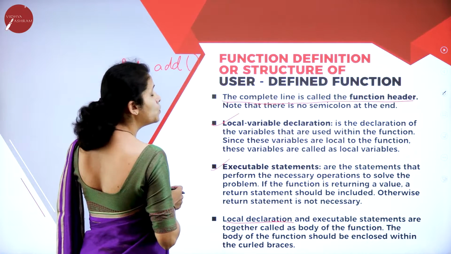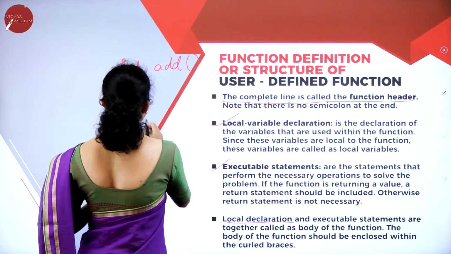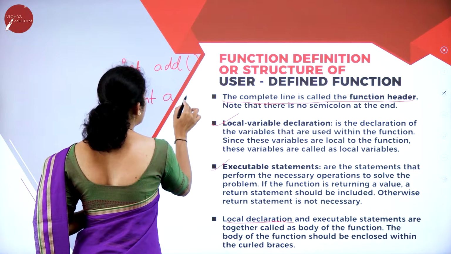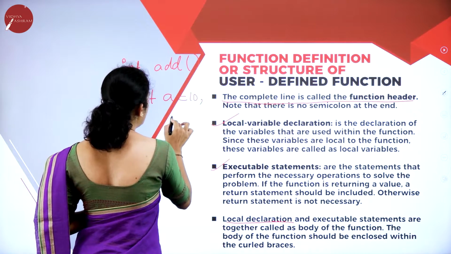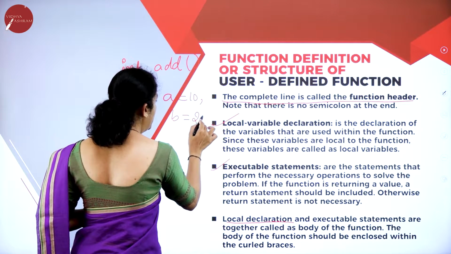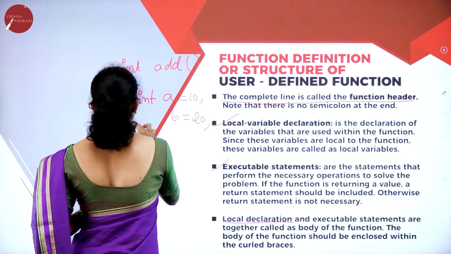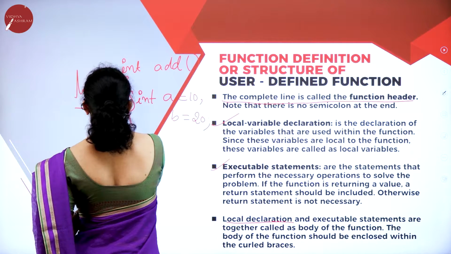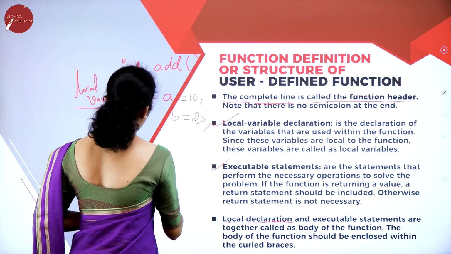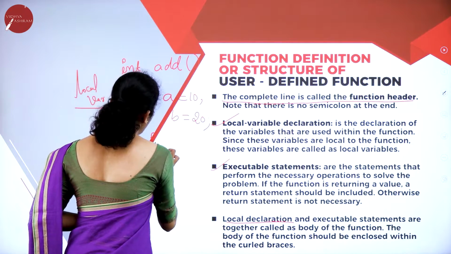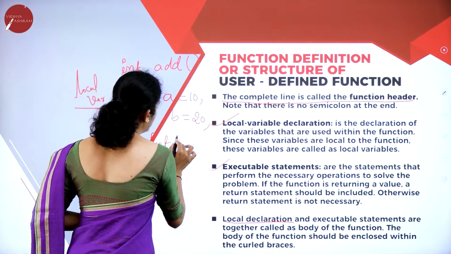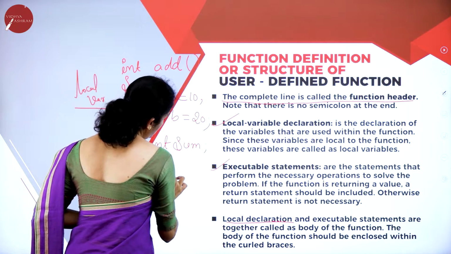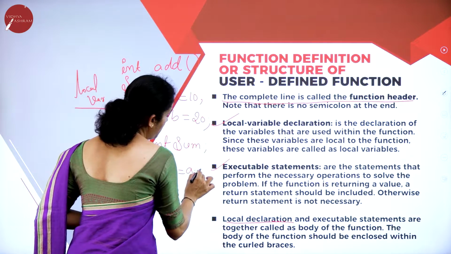At the beginning I'm going to have the curly brace, and here I'm going to write int a equal to 10, b equal to 20, and these are nothing but my local variables, and I'm going to perform the addition operation, that is sum equal to a plus b.